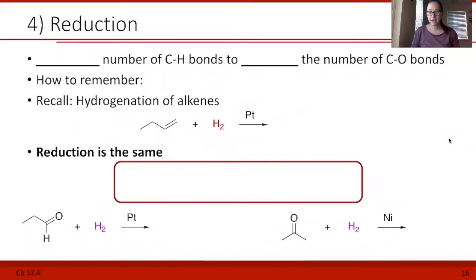So our last reaction for this section is the reduction reaction. In this reaction, we're going to increase our number of CH bonds and decrease our number of CO bonds. So how I like to remember this is reductions reduce the number of bonds to oxygens and increase CH bonds.